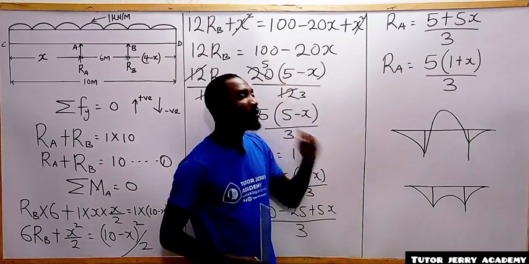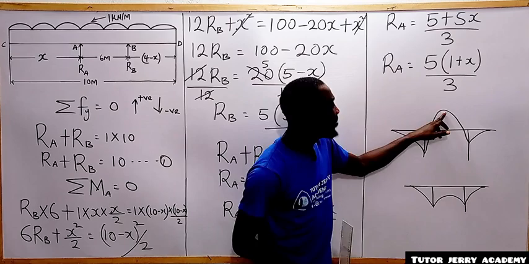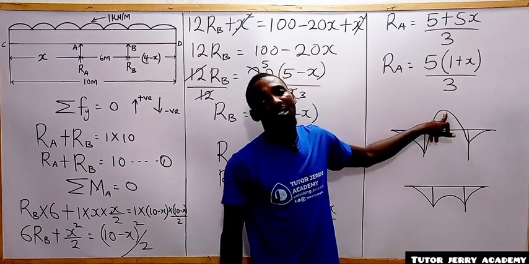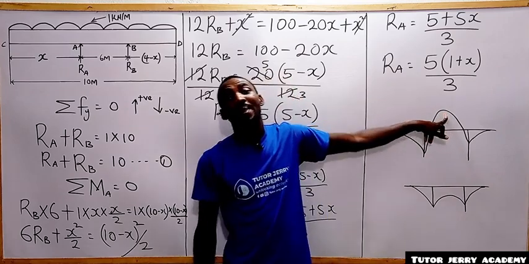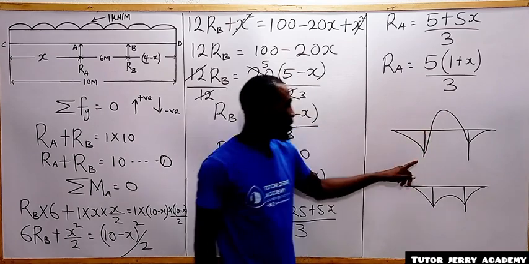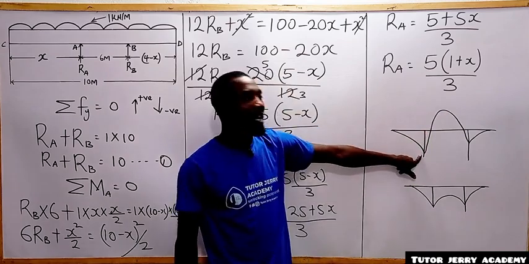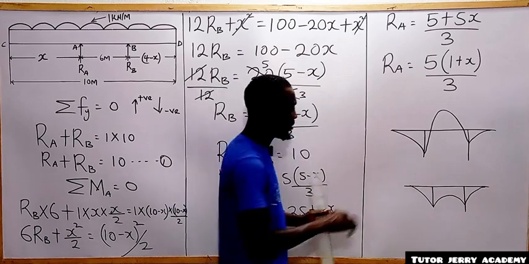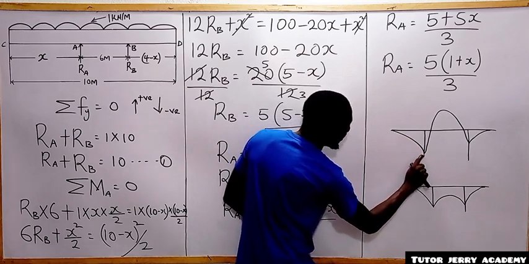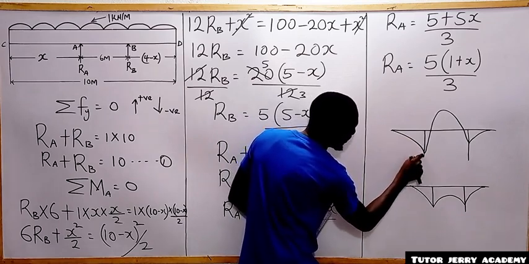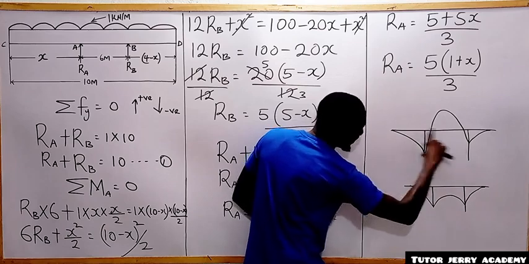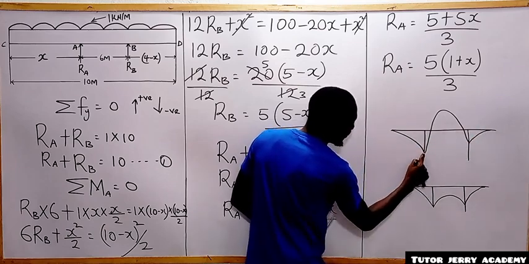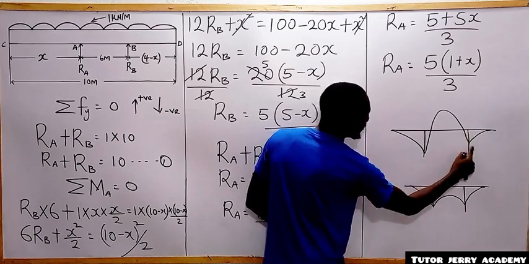Now we know that this is where we have our positive maximum bending moment, and here we have our negative maximum bending moment. You can see this curve here is greater than what we have here. If you look from this point to this point, it is greater than from this point to this point.